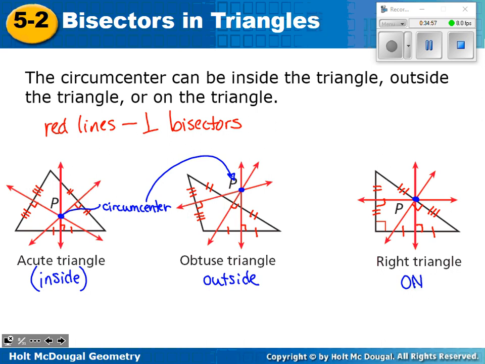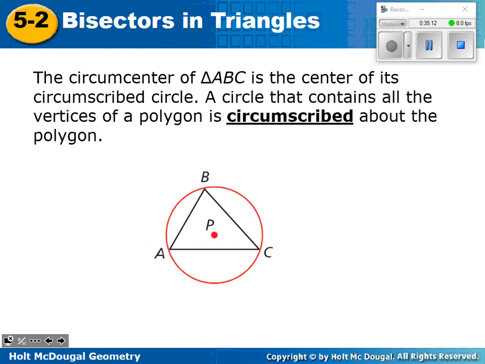Any questions so far? Okay, and again, what we learned is this is equidistant to the vertices, or the angles. You're going through the sides to make it so it's equidistant to the vertices or the angles. All right, the next word we need to talk about is circumscribed, and then I'll explain why they're showing you this.